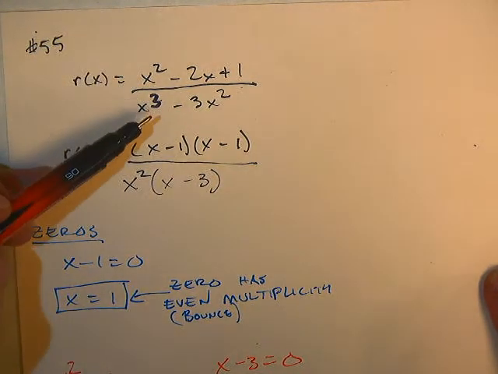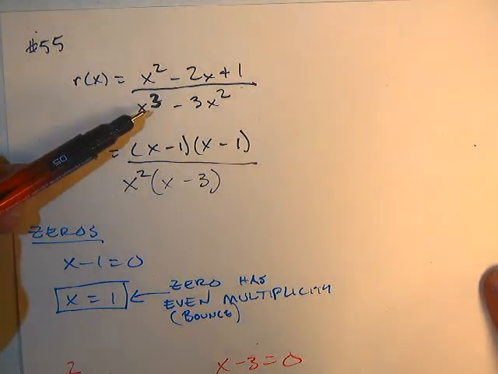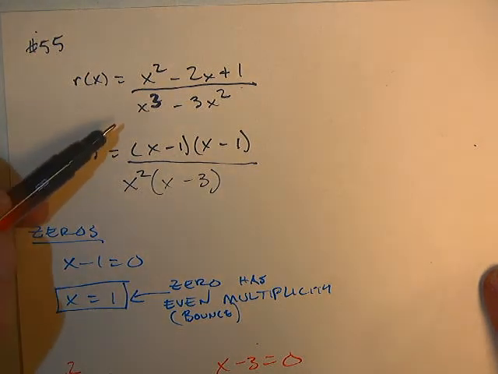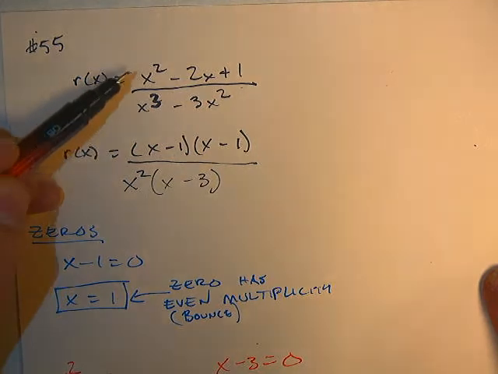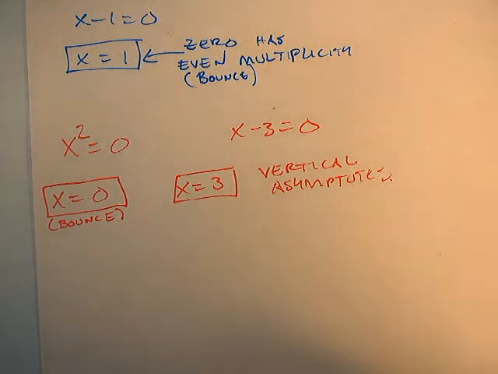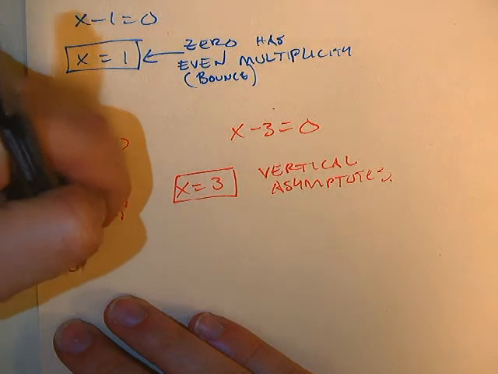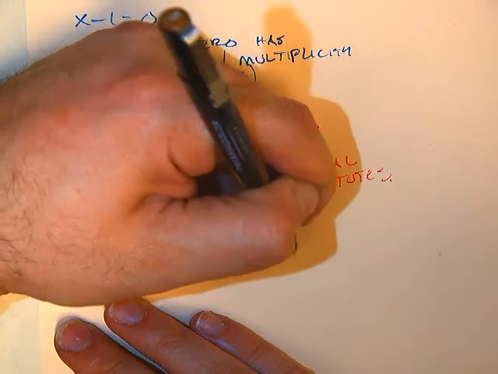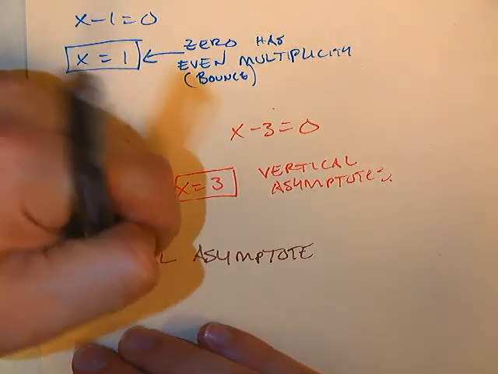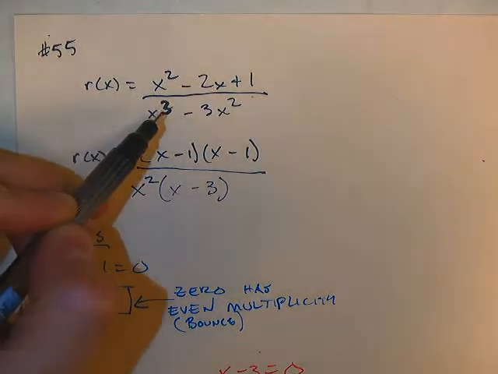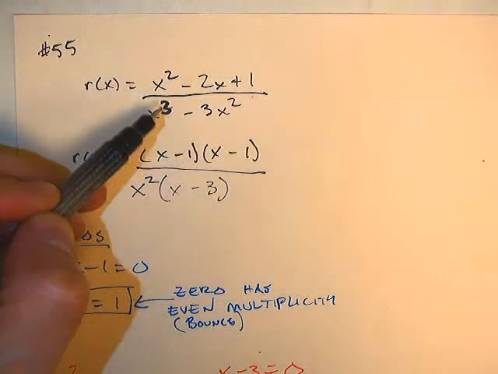Any time that the degree of the denominator is greater than the degree of the numerator, so anytime the exponent is larger in the denominator than it is in the numerator, you're going to have a horizontal asymptote at y equals 0. So horizontal asymptote at y equals 0.